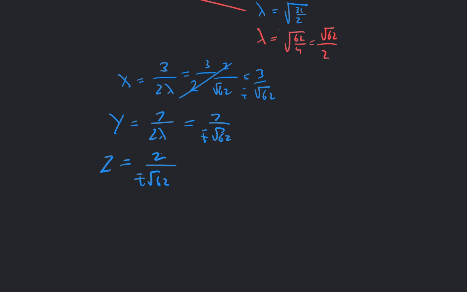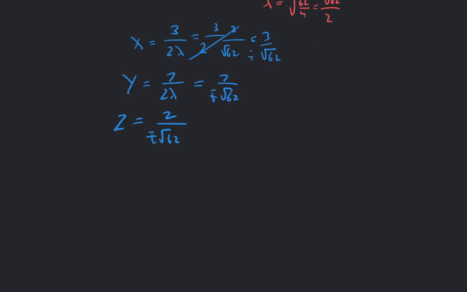Because of how this problem is worded, we have f is equal to 3x plus 7y plus 2z. Because of how this is made, there's only going to be really 2 points.